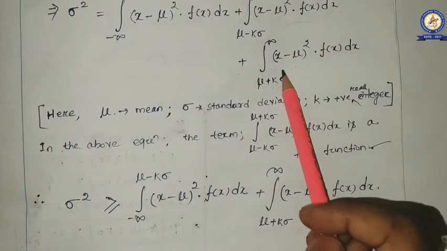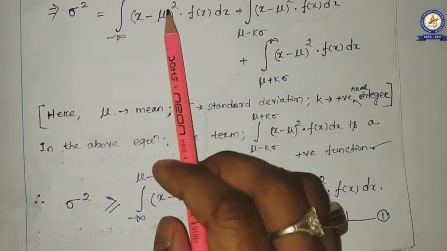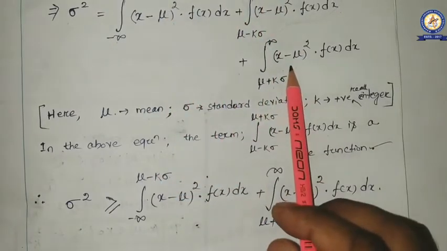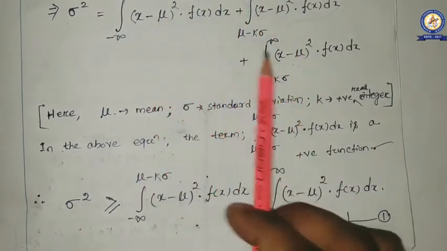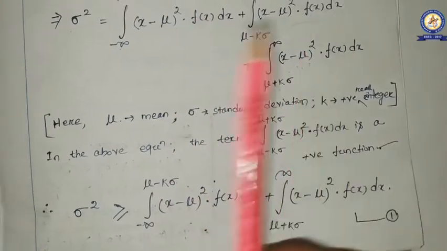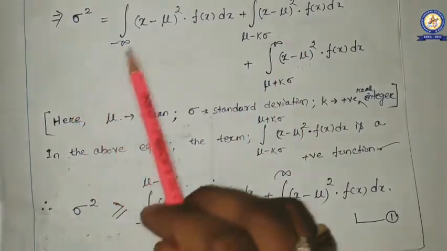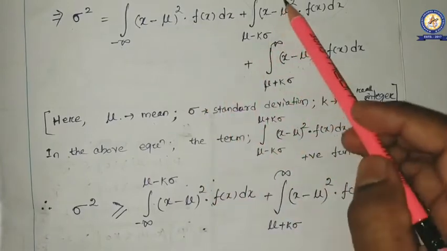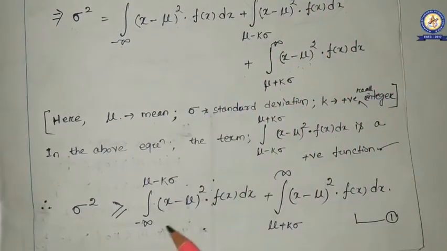See, sigma square equals the addition of these three terms. If I consider these two terms only, obviously sigma square will be greater than their addition, because I subtracted one positive term.